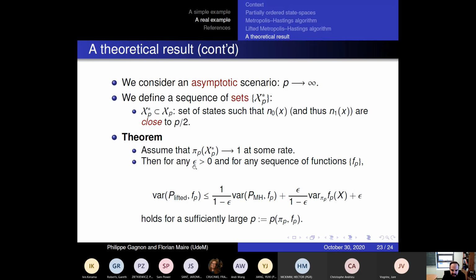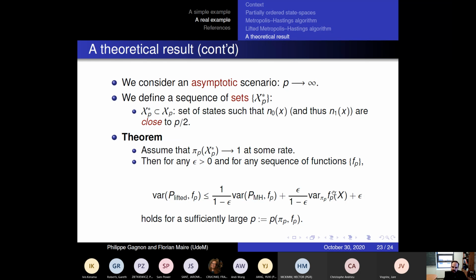Then for any epsilon greater than 0 and for any sequence of functions f of p, you have this inequality. So you have an order on the asymptotic variance, but it's not a guarantee as before. But you see that if epsilon is small, this thing is close to 1.